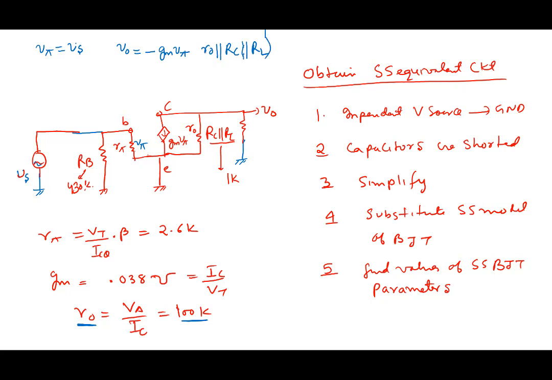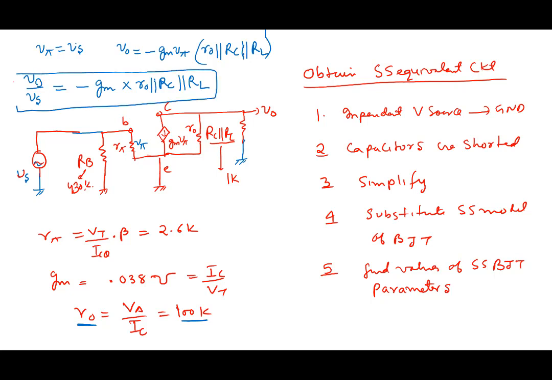You can do all of that, and therefore V0 by Vs equals minus gm multiplied by R0 parallel RC parallel RL. It's a very important result. V0 by Vs is minus gm times R0 parallel RC parallel RL.